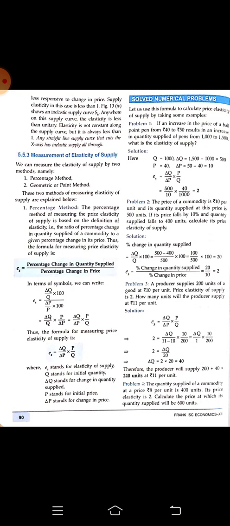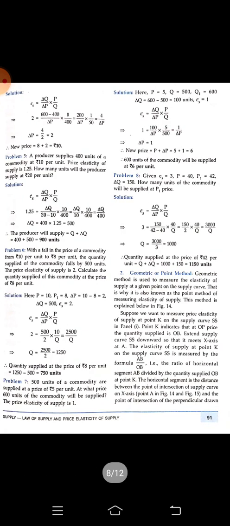Then the change in the price divided by initial price into 100, and as we solve the equation we get change in quantity by change in price into initial price divided by initial quantity. We are going to get this equation done. Here are a few numerical problems already solved as examples and given to you. It will be easier for you to follow.